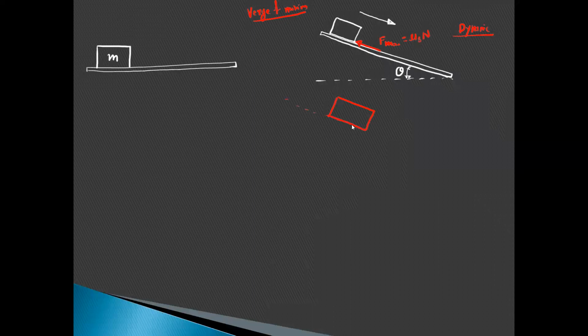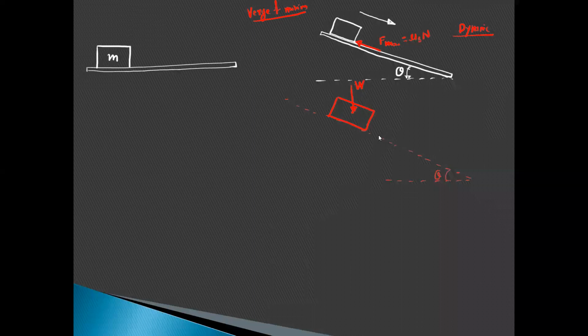This dotted line represents the plane. This angle is theta. The first force on this object will be the weight force, which acts exactly in the downward direction. Right now this is W, which is equal to mg.